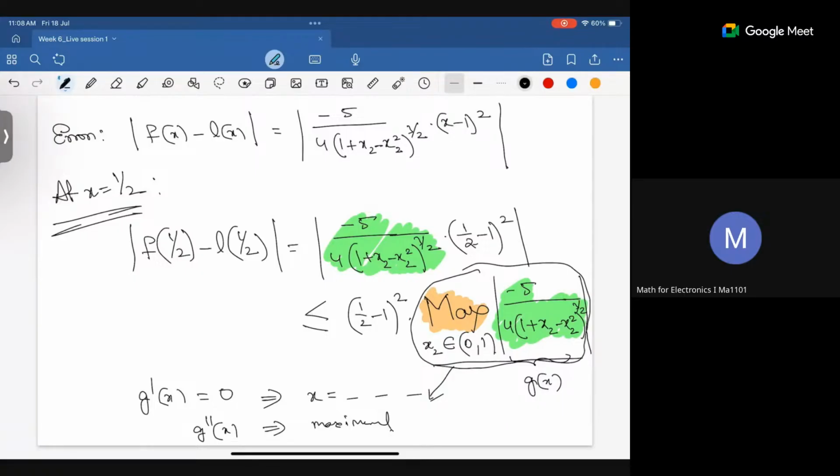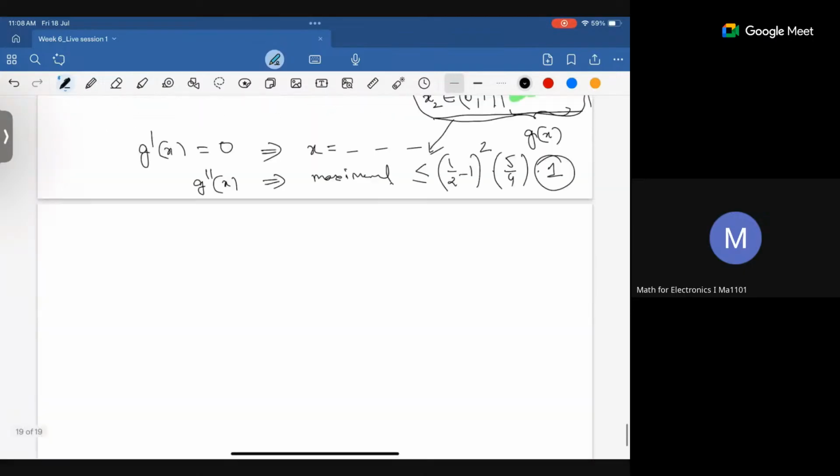Right? So this function attains maximum value 1 at x equals 1. So therefore, this will be less than or equal to half minus 1 whole square into 5 by 4, into the maximum value of 1 by 1 plus x2 minus x2 square whole power 3 by 2 in the interval 0 to 1, which is 1.